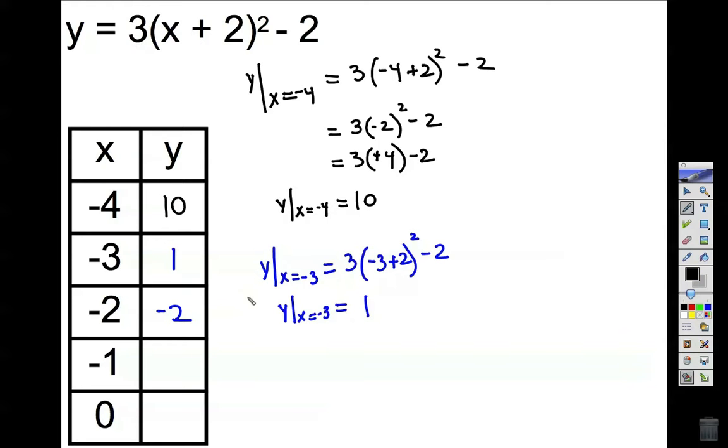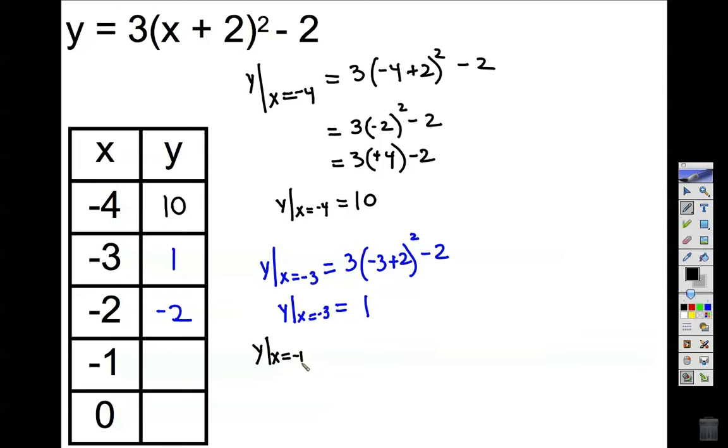Let's find out what the y result is when x is negative 1 and x is 0 on their own respective sides. We should get that y is equal to 1 when x is negative 1, and when x is 0, y should be positive 10, because of the properties of a parabola. But let's verify for sure.